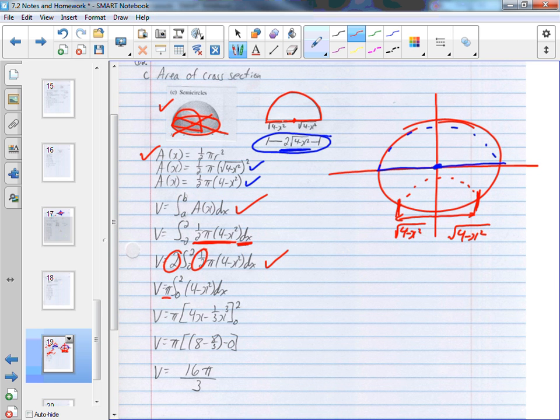Set the pi out in front. And all of a sudden, this is an easy integral to evaluate. And not just easy because it doesn't have inverse trig and e's and natural logs, but that's just flat out easy. And I think you can watch it from there.